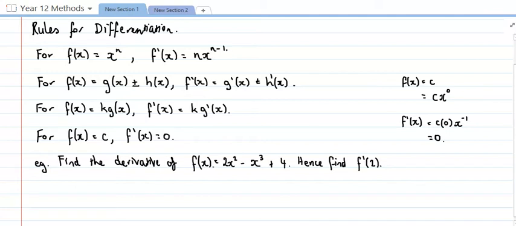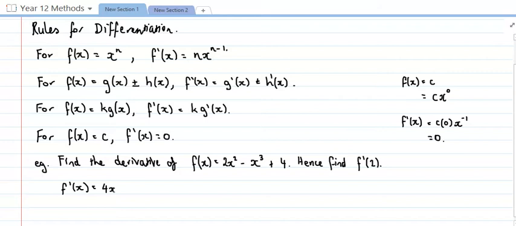So next, find the derivative of this, hence find f dash 2. Right. So what I'm going to do is I'm going to say that f dash x. Now we're going to be combining some of the rules, so you can see that we have a sum or difference of our functions. We also have a constant term involved. So we're going to move the power down to the front, so the 2 from here goes down with this 2 and it becomes 4. They get multiplied.